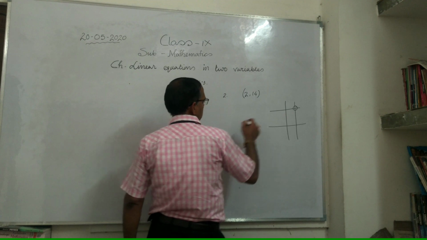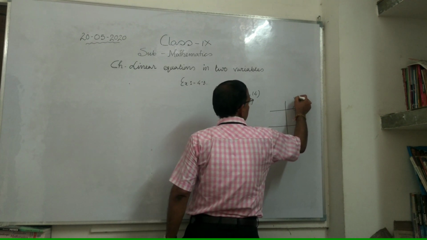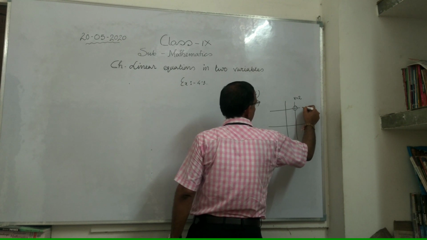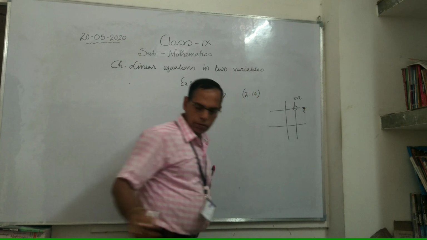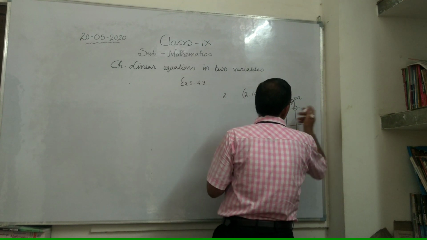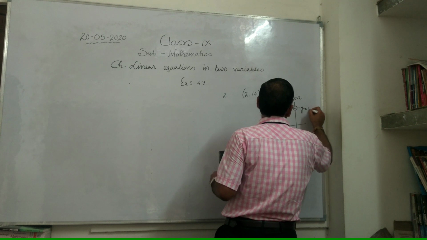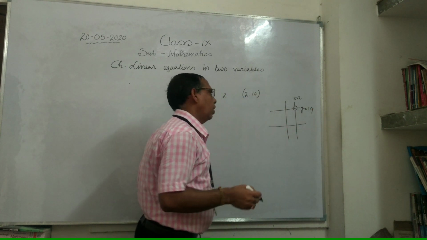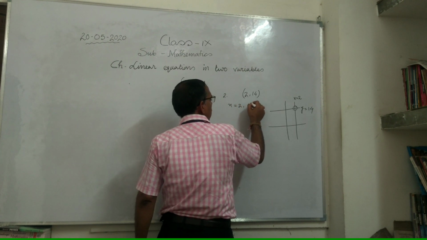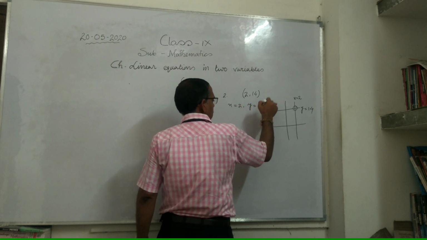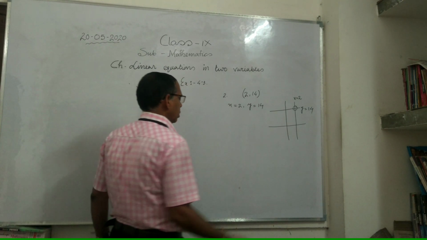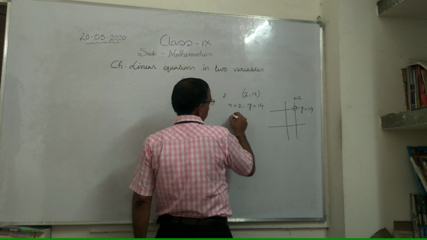So we can write this one as x equal to 2, and this one as y equal to 14. So first is x equal to 2, y equal to 14. This is one. Next we can write this way also.